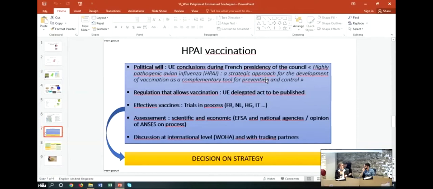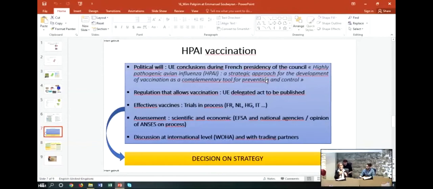So do we want to vaccinate only ducks, because the main problem is ducks in France? We know it is a very specific species, with not too many symptoms, a very long asymptomatic period, and a lot of spreading in the environment.